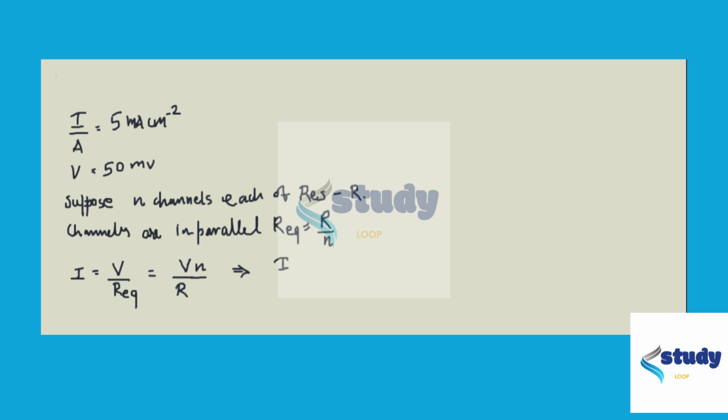So I by A equals V by R into N by A. Here the number of channels per unit area is what we need to determine. So N by A will be equal to I by A into R by V.